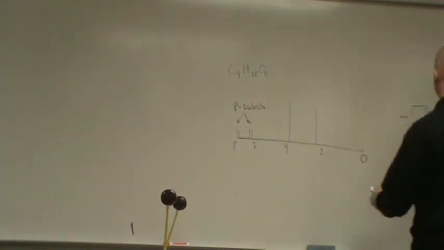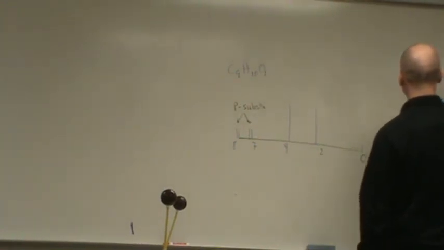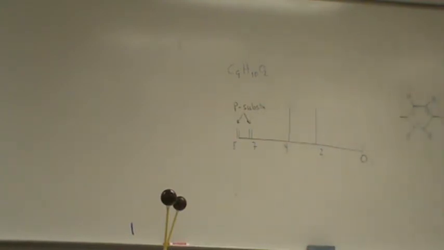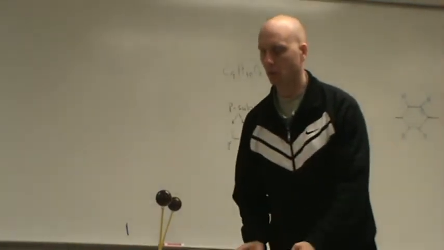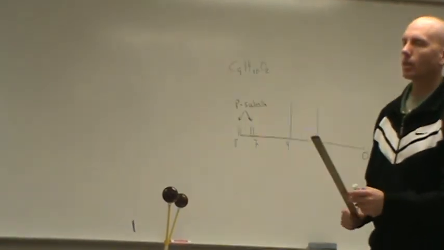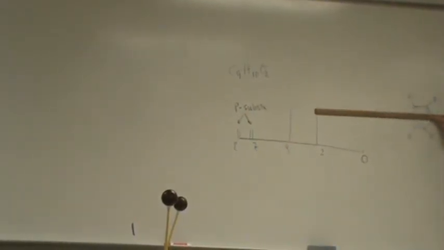Okay, so if I draw the hydrogens on the benzene ring, I'm going to get these here. Okay, so try to draw this in your notes however you can. When I have para substitution, that creates a mirror plane right there.